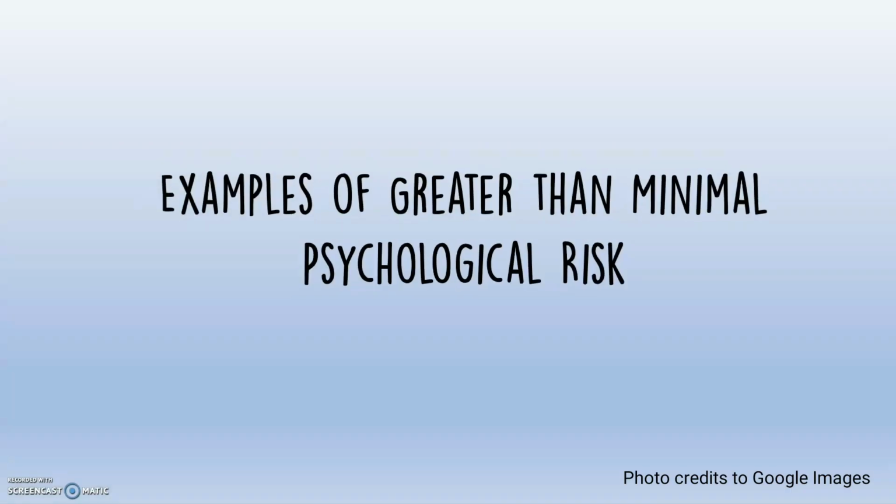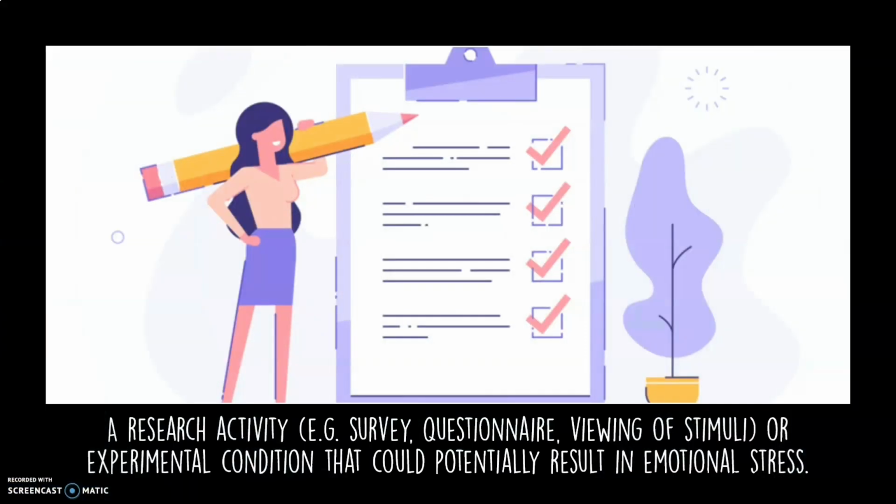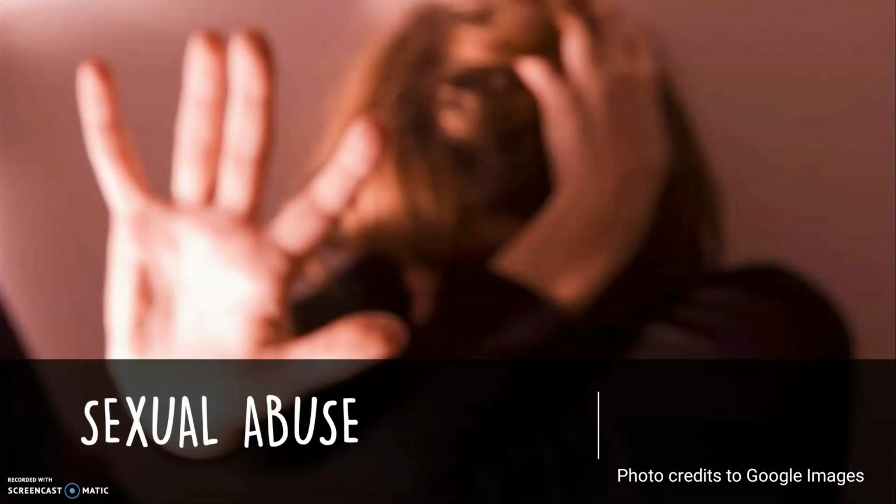Okay, now let's talk about the examples of greater than minimal psychological risk. A research activity, for example, survey, questionnaire, viewing of stimuli, or experimental condition that could potentially result in emotional stress. Some examples include answering questions related to personal experiences such as sexual or physical abuse.